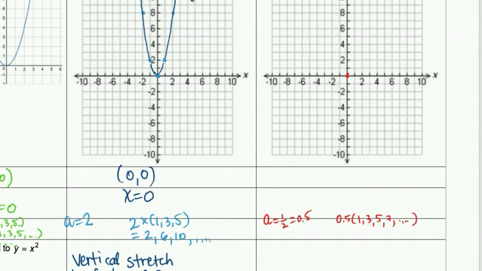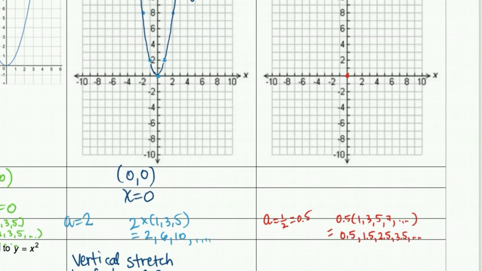If you're multiplying by 1/2, it's the same as dividing by 2. So you're going to get 0.5, etc. From there, let's plot these.